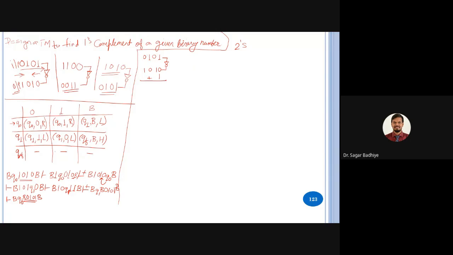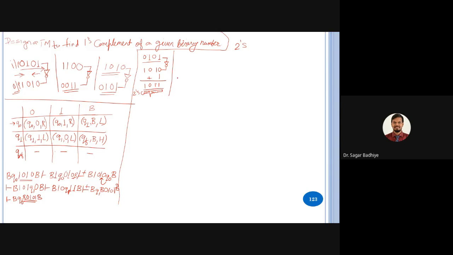So this would become 1, 1, this is 1 as it is, this is 0, and this is 1, right? So here you can see this is the two's complement of the given number. If the input is 0101, the two's complement of 0101 is 1011.